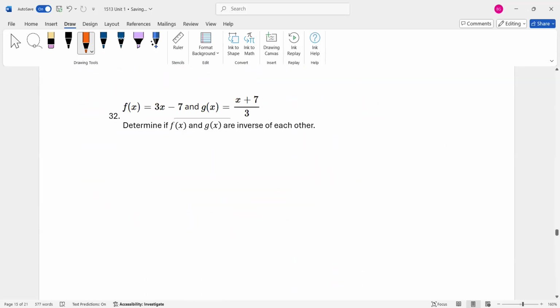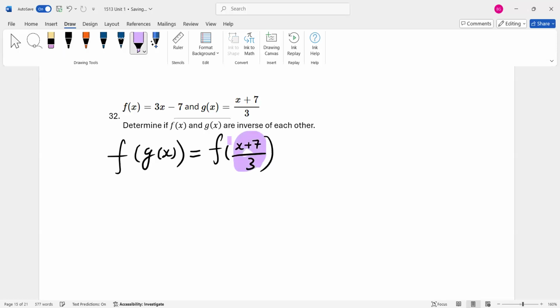We can try, how about, let's see, f of g of x. This is a composite function. Inside function g, outside function f. Remember, how do we do that? If the input is x, we're going to get rid of the inside function first, right? So get rid of the inside function, replace g of x with x plus 7 all over 3.